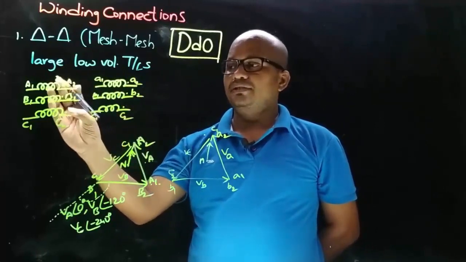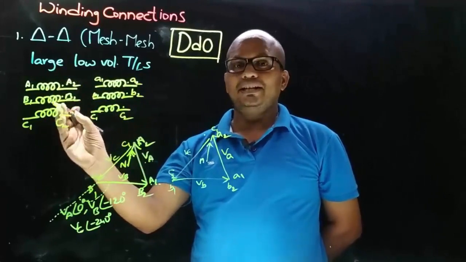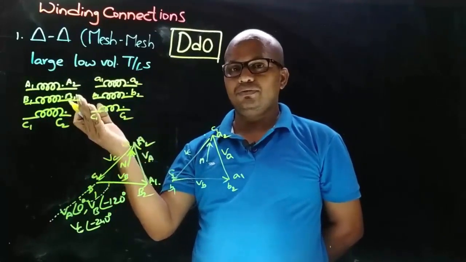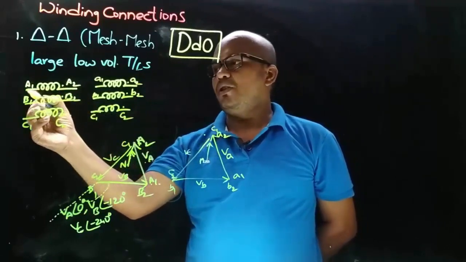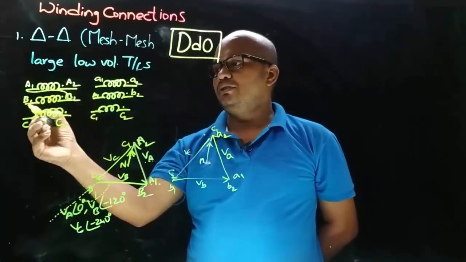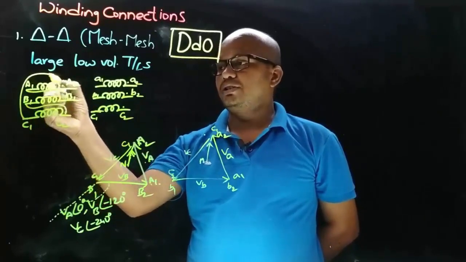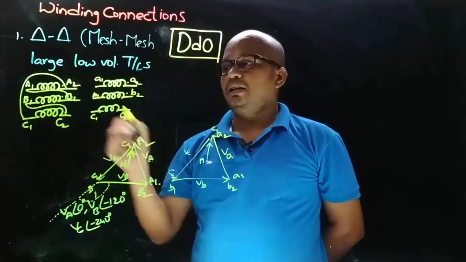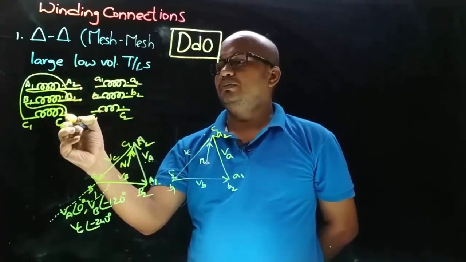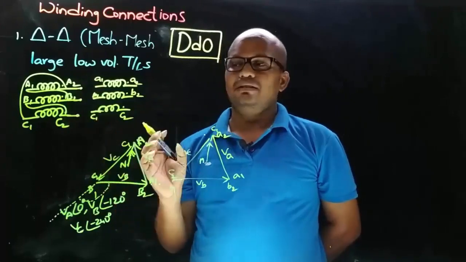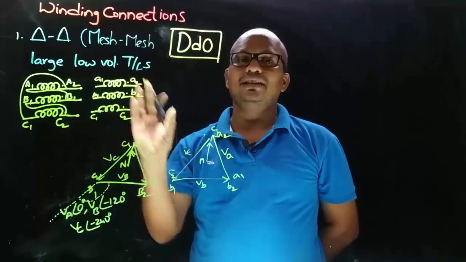First, let's consider the delta connection on primary side, and this primary side delta connection is same as that of the previous primary side delta connection, that is non-dot end is connected to dot end, non-dot end is connected to dot end, and non-dot end is connected to dot end, like this. And here we took the connections from A2, B2 and C2, and now the change you will observe is in the secondary side delta connection.